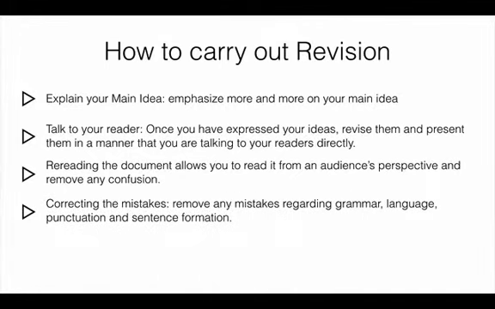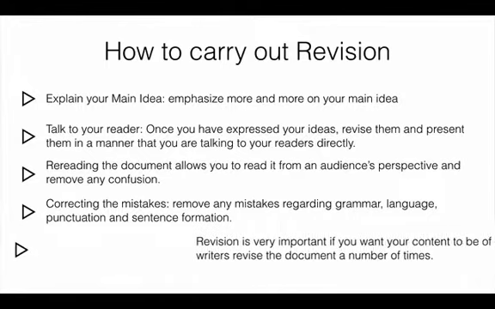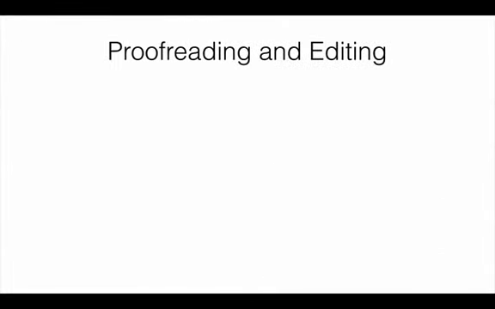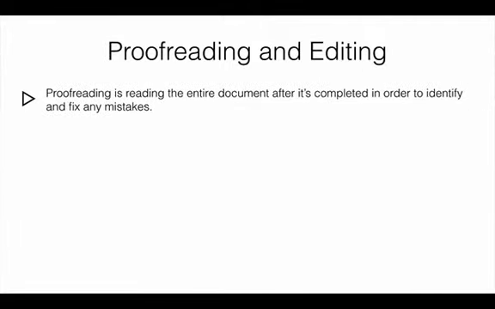Correcting the mistakes: remove any mistakes regarding grammar, language, punctuation, and sentence formation, and any other mistakes that you have in there. Revision is very important if you want your content to be of high quality. The best writers revise a document a number of times. Part of revision is proofreading and editing.